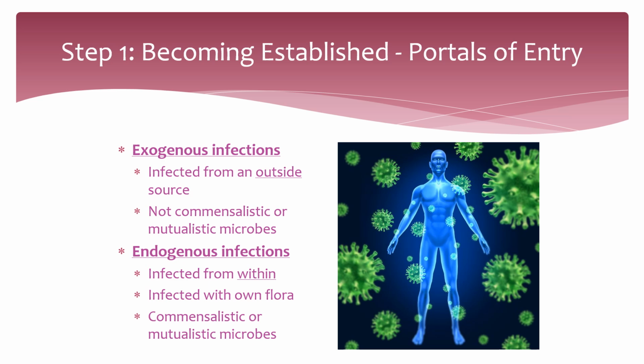However, if E. coli moves to our urethra, that can be a really big issue. So it just depends on what we're talking about there. So endogenous, it's already inside of us, causing a problem, potentially by moving locations. Exogenous infections are microbes that are outside of our body that make their way in through a portal of entry.